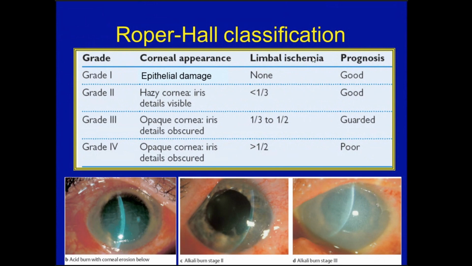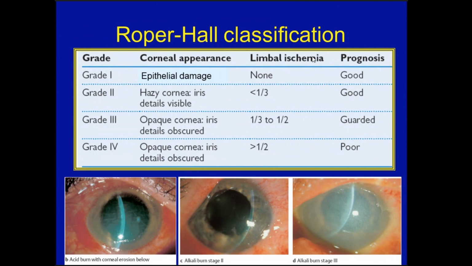According to this classification, we have four grades of the burns. First grade, we see epithelial damage, no limbal ischemia, and such burns usually have good prognosis.